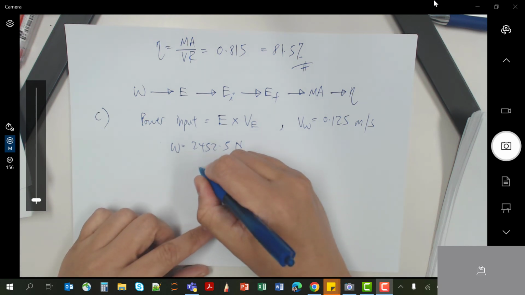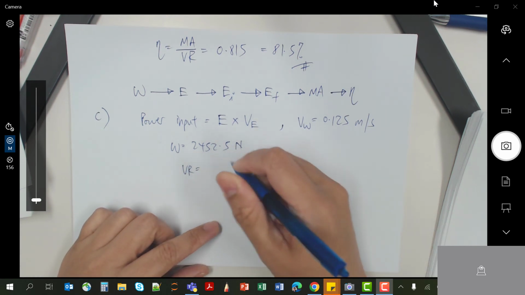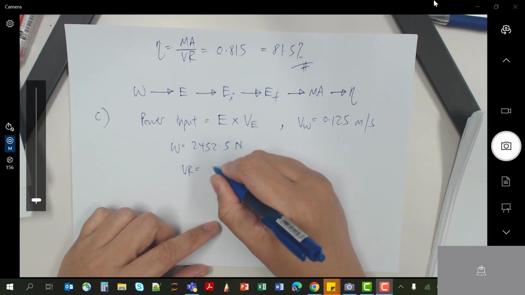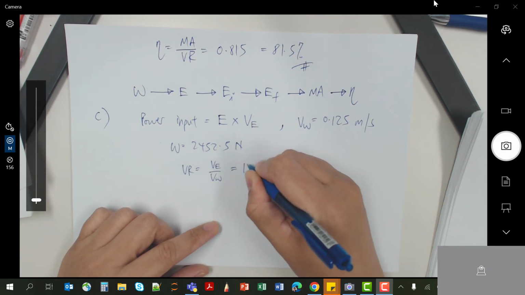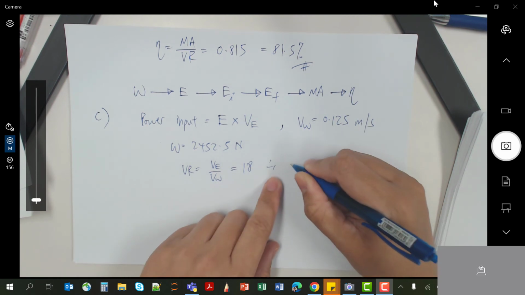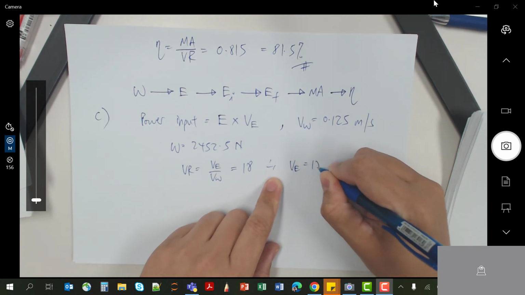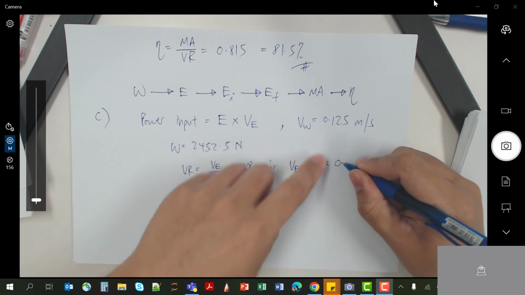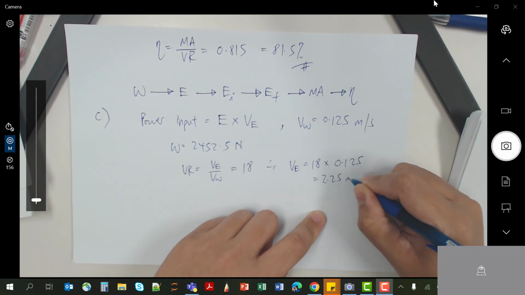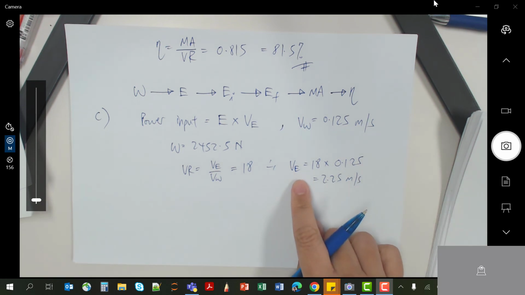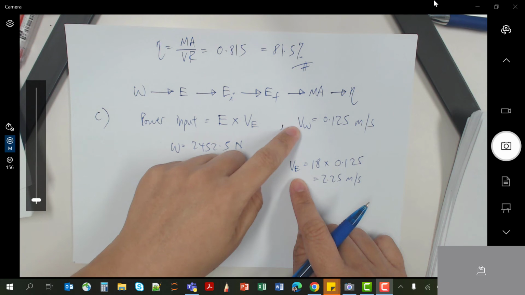So with the formula, VR is equals to VE over VW. Therefore, VE is 18 times 0.125. Okay, 2.25 meter per second. So usually the velocity at the effort side will be much faster than the load side.